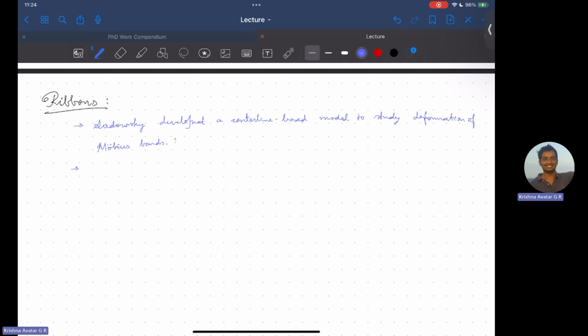So the model was for infinitesimally, I mean for very narrow ribbons.